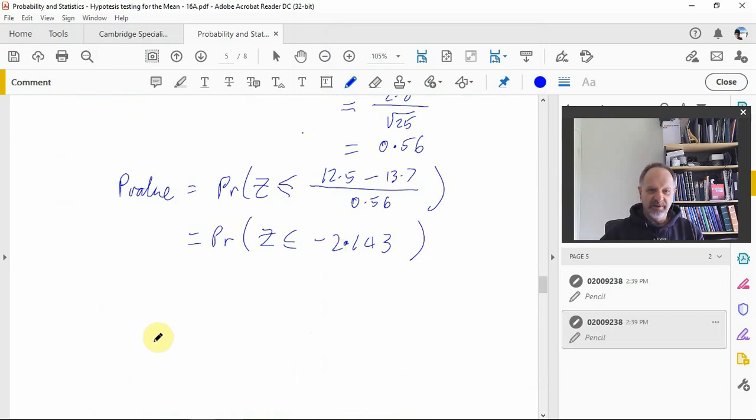So the probability, the p-value, is 0.0161. Now that's a very low probability, so in terms of percentage, that's about 1%.